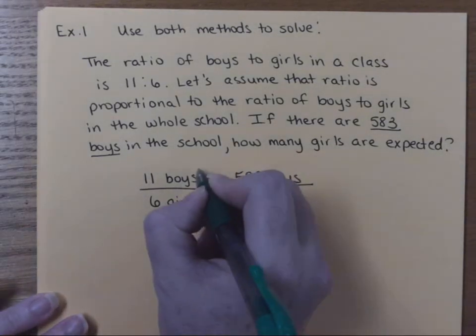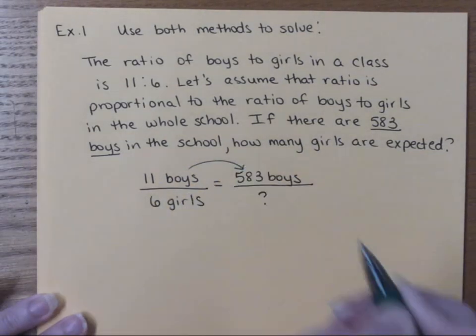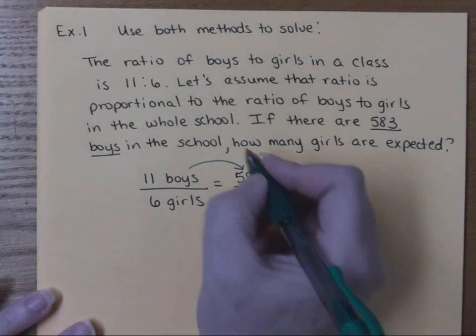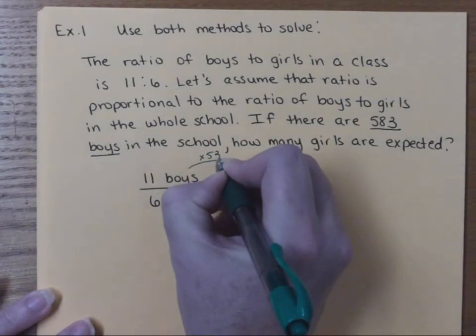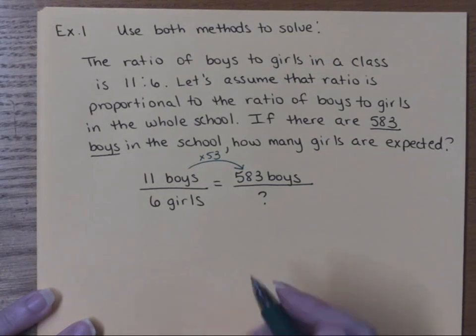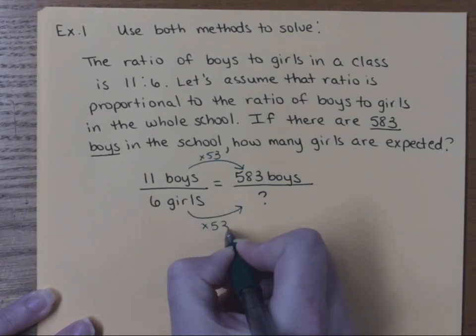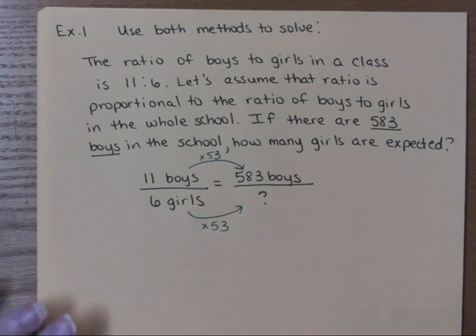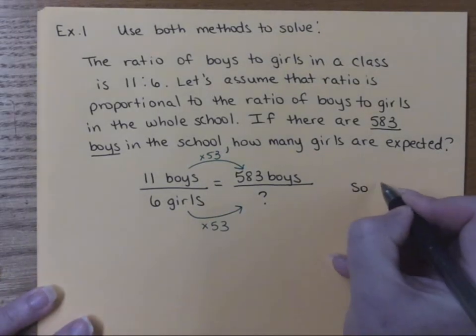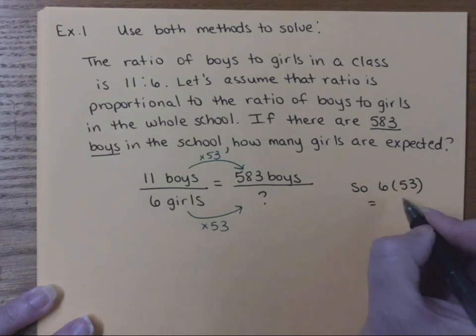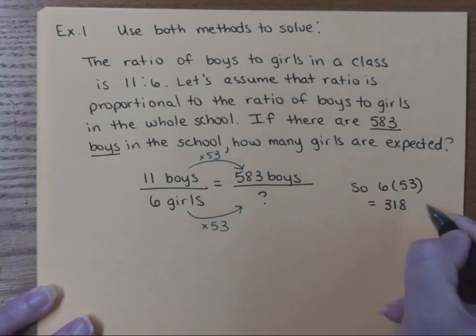Then I just want you to tell me what happens here. What do I multiply 11 by to give me 583? And clearly we would want a calculator for this, right? But if you use your calculator, you're going to see that it's times 53. So to make this proportional, I also need to multiply this times 53. So in the end, I have 6 times 53, or if you work that out, 318 girls.